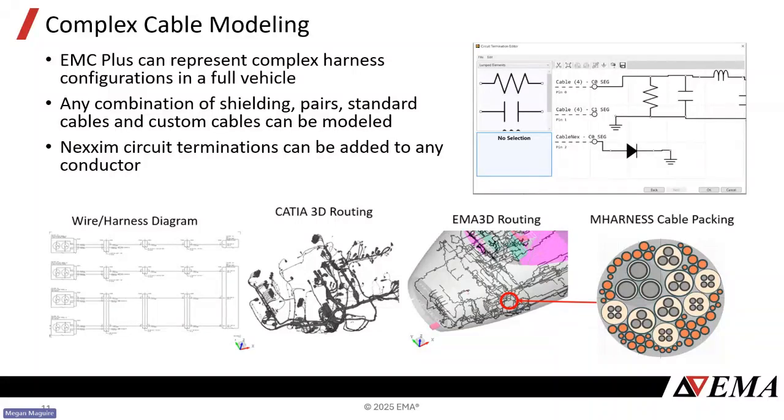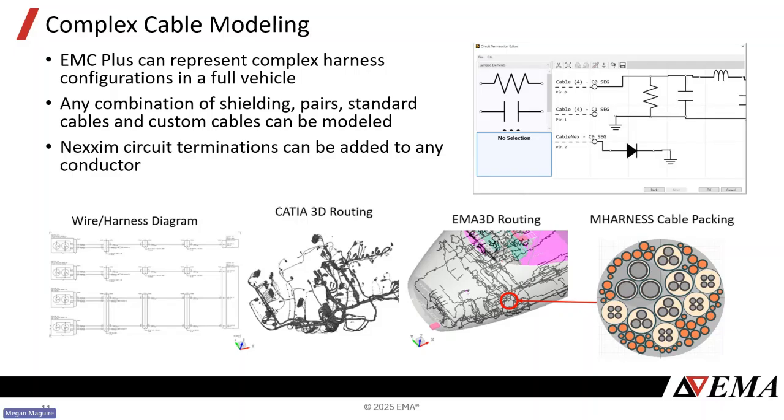So in terms of complex cable modeling, EMC Plus with M-harness can be used to represent pretty much any harness configuration that you want for your vehicle. You can have any number of shields, pins, you can have standard cables that come with the software, like we have a library of cables that you can include, or you can create your own custom cables.